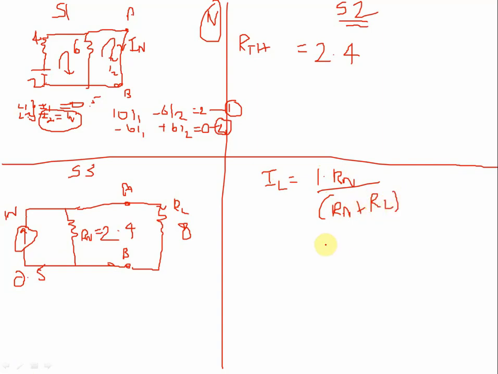Substitute that. What is I? I is equal to 0.5 multiplied by Rn. What is Rn or RTH? 2.4. 2.4 divided by, open the bracket, 2.4 plus 8. So what is my answer for IL?